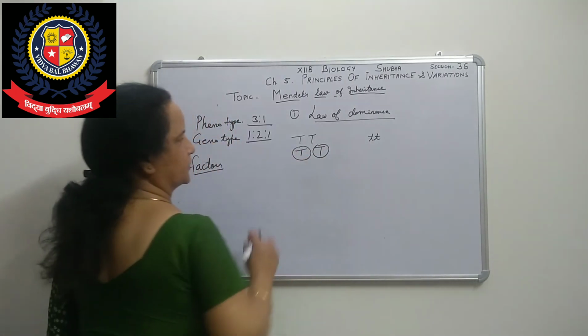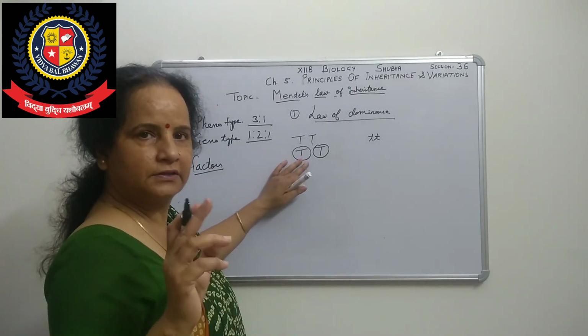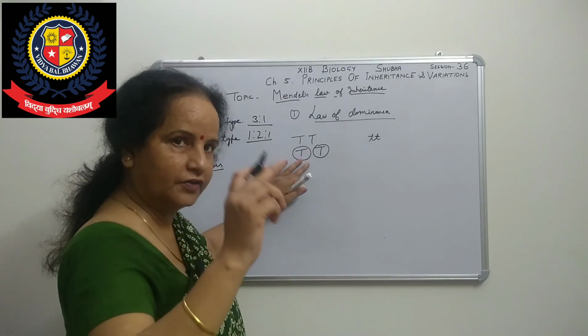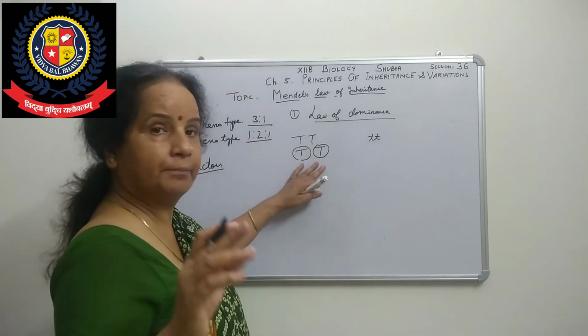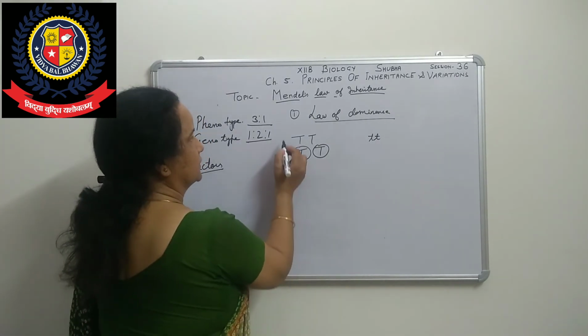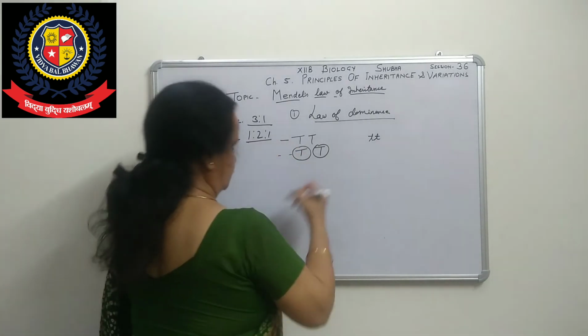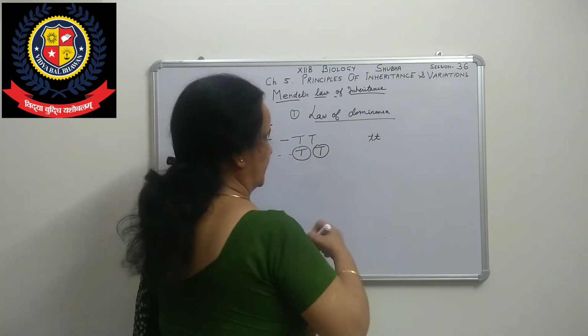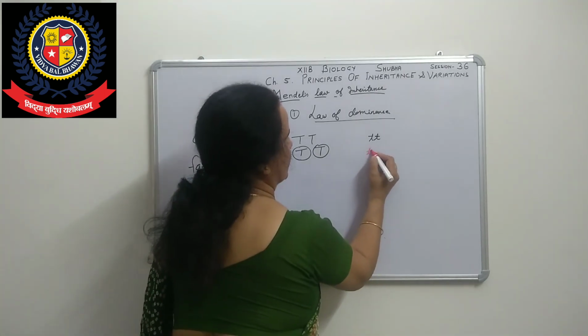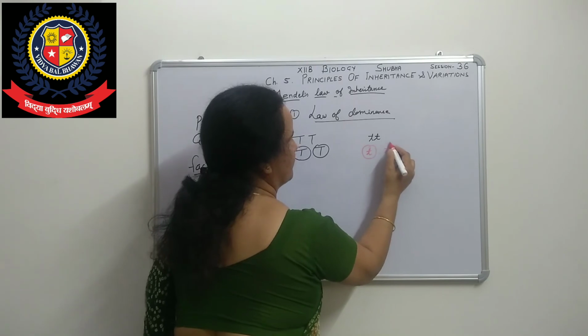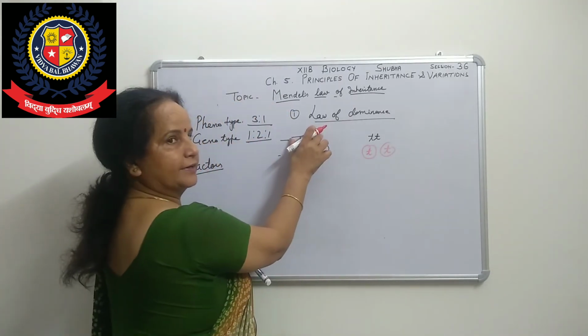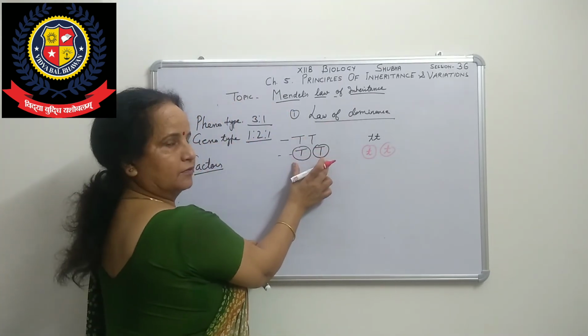I told you yesterday that gametes will always be encircled. That is the pattern and the rule for writing these. These are parents, these are gametes. Here we can say that is the recessive trait. From paired factors or genes we are getting a single one here.